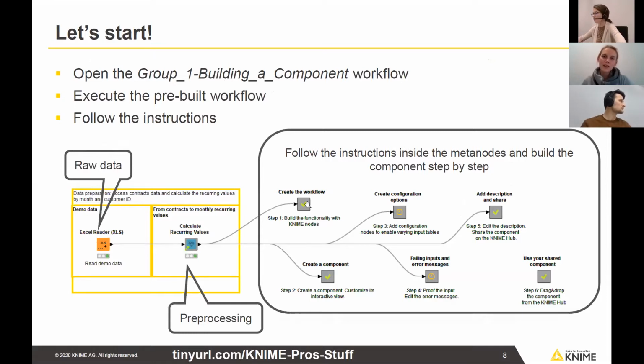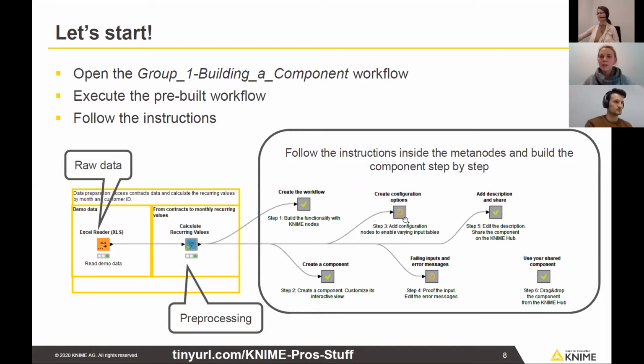And then you start here building the steps to come with the component Analyze ARR. So these steps are first to create the workflow for the functionality. There are a lot of ETL tasks, aggregating, visualizing mostly. Now we have the functionality and we want to have the interactive view. So we need to create a component of the workflow or put the workflow inside a component. And then we have all the visualizations in one composite view. This is step 2.